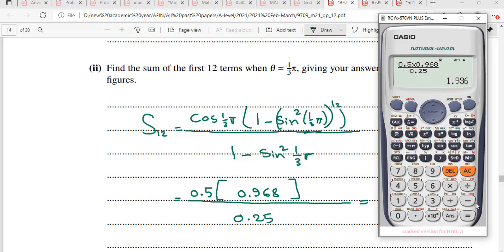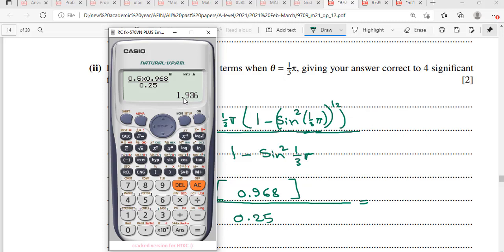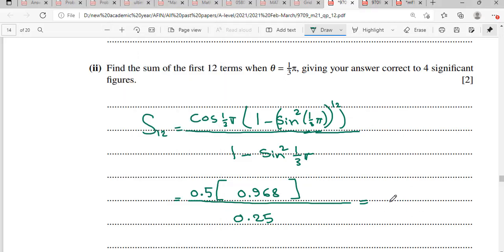It's already 4 significant figures, which is 3 decimal places in this case. To avoid that, you can write more decimal places here, because this is the only place that we can write more decimal places, and then we will get more decimal places here.